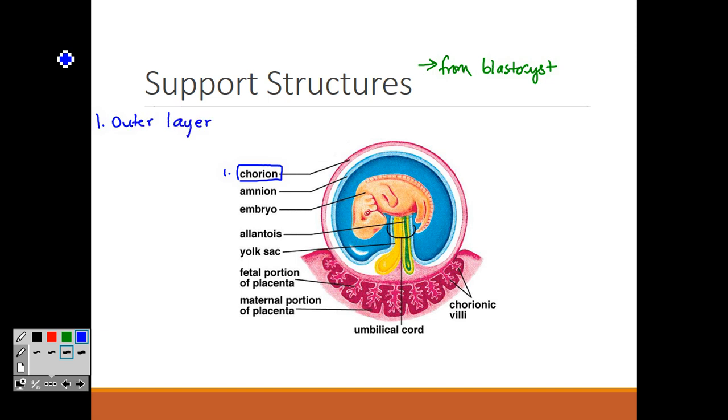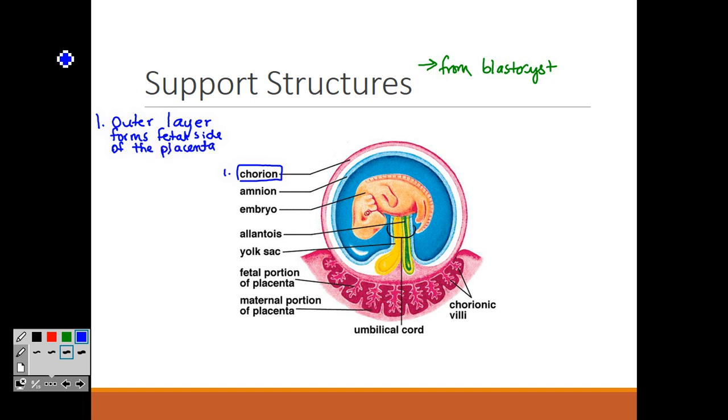So if you're asked to identify something on a picture, the outermost layer of tissue surrounding the embryo is going to be the chorion. It forms the fetal side of the placenta.